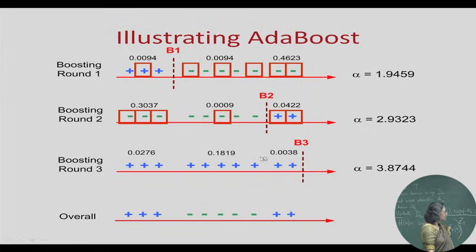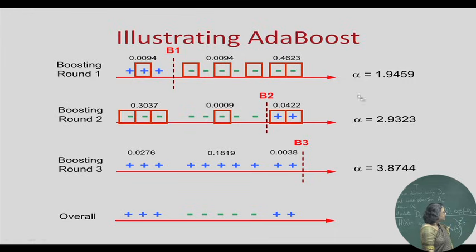Then the third round takes place on this new distribution. Let us say the third round chooses some samples, and B3 is this classifier, and there is an error on these middle values. Based on that, the probabilities are recomputed, and alpha is now computed to be 3.8744.